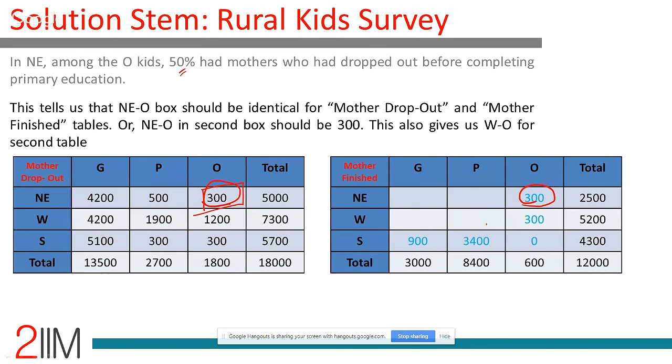That means the remaining 50% had mothers who had completed primary education. This is 300. This number should be 300. This overall is 600. There's a 300 here. There should be a 300 here.